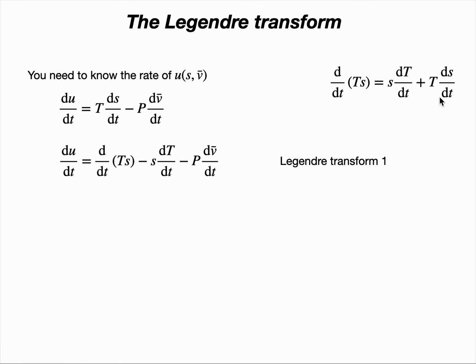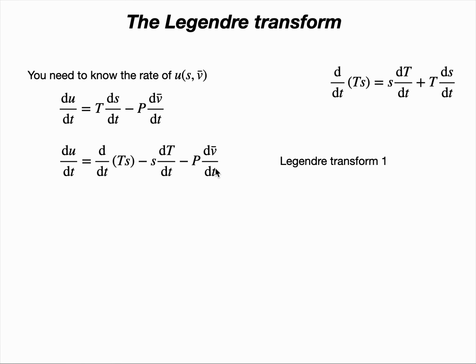So we can solve for T dS/dt as a function of this and introduce it in this expression. This is what is done here. We replace T dS/dt by d/dt of TS minus S dT/dt.